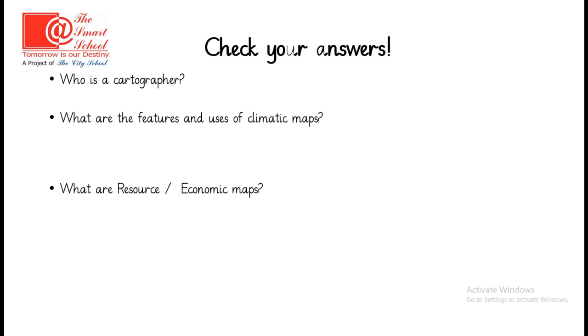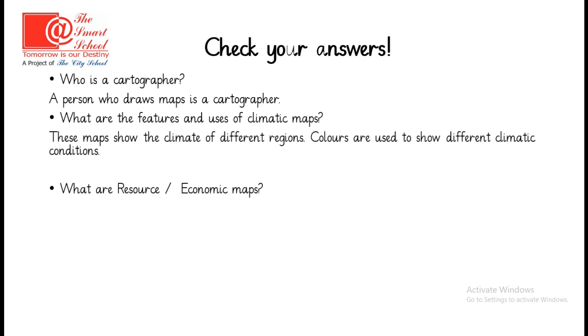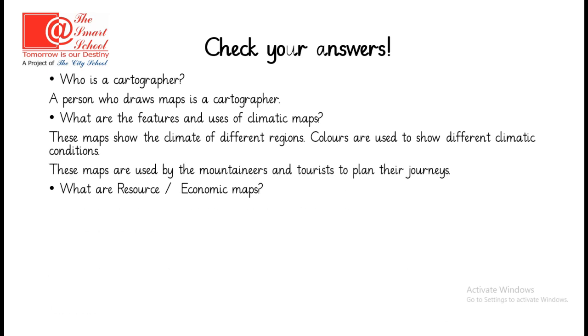Who is a cartographer? A person who draws maps is a cartographer, and we have already met one today. What are the features and uses of climatic maps? Yes, these maps show the climate of different regions. Colors are used to show different climatic conditions.